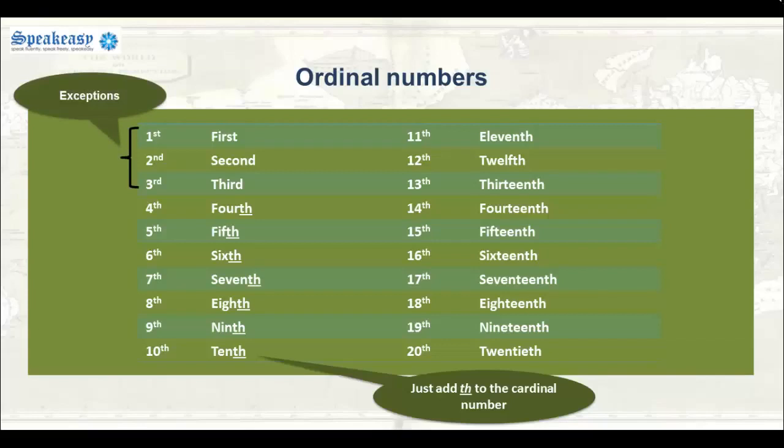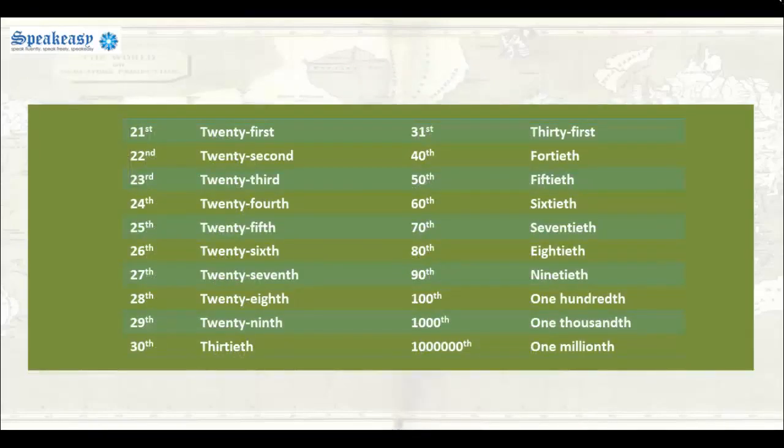The only exceptions are numbers 1, 2, and 3. 21st, 22nd, 23rd, 24th, 25th, 26th, 27th, 28th, 29th, 30th, 31st, 40th, 50th, 60th, 70th, 80th, 90th, 100th, 1,000th, 1 millionth.